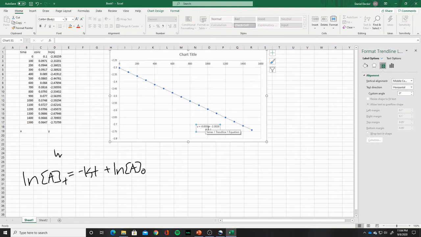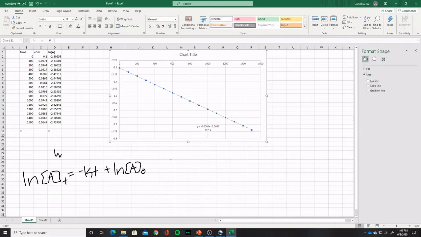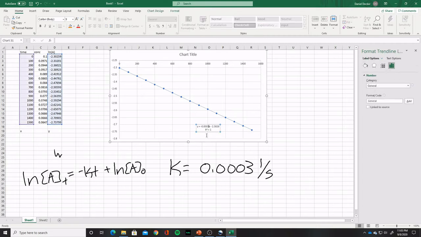But regardless, this shows us that we do indeed have a first order reaction, and it also tells us that K for this reaction is 0.0003. And it would be per second, because that is the slope there.